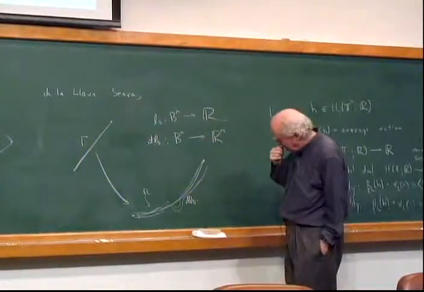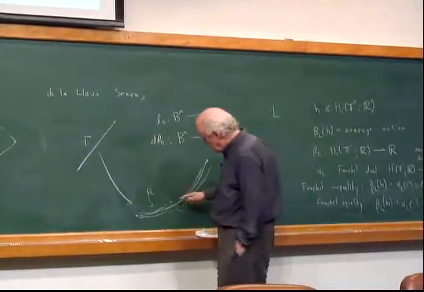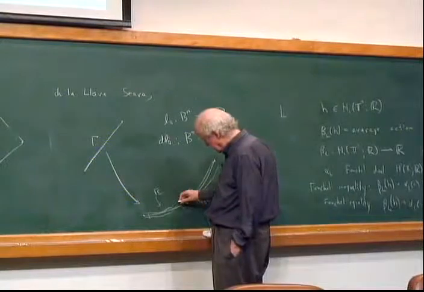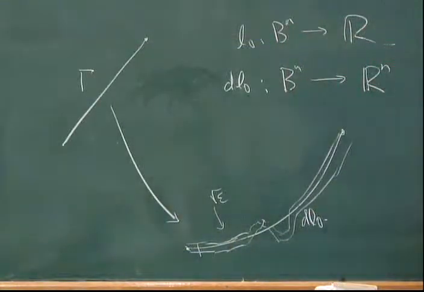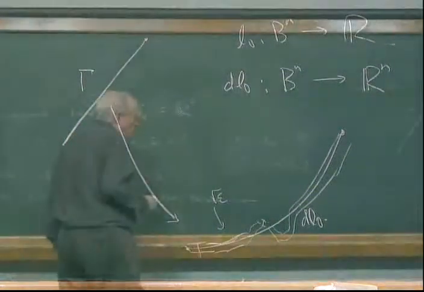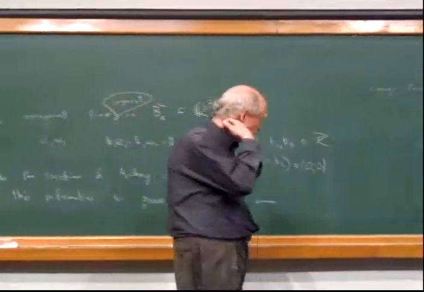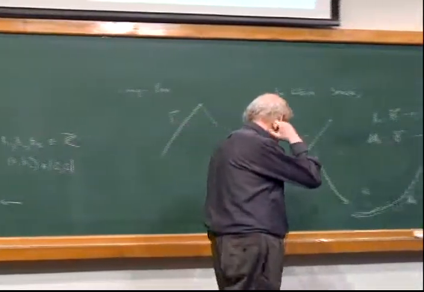Actually, it turns out that even this wasn't true. Sometimes this pinches down to a point. That was my mistake. I failed to see that sometimes it pinches down to a point. That can happen at most at finitely many points.